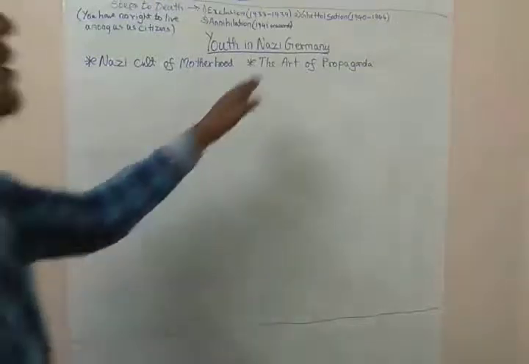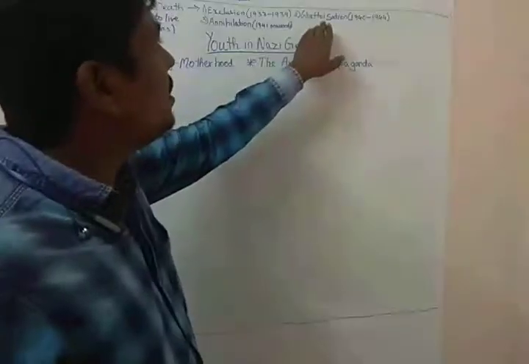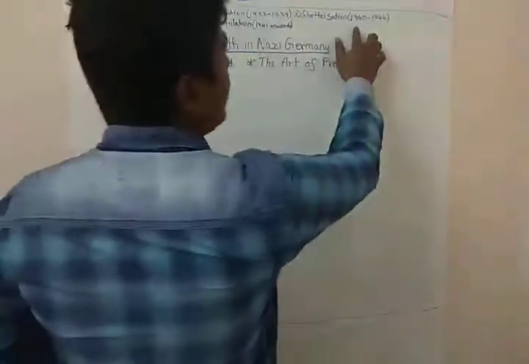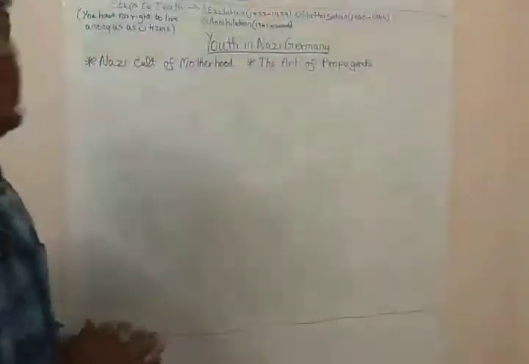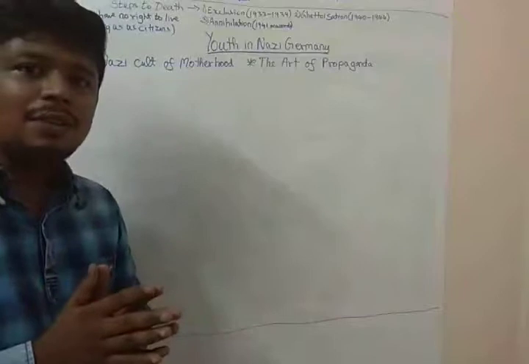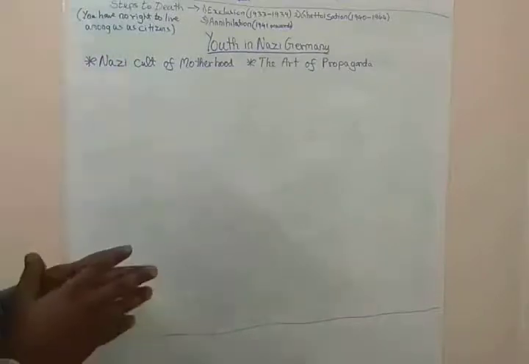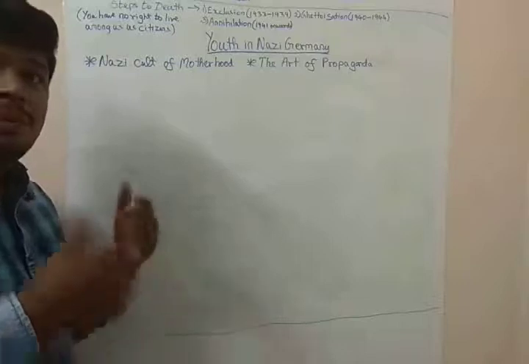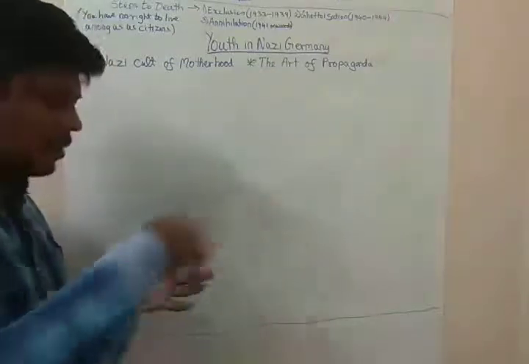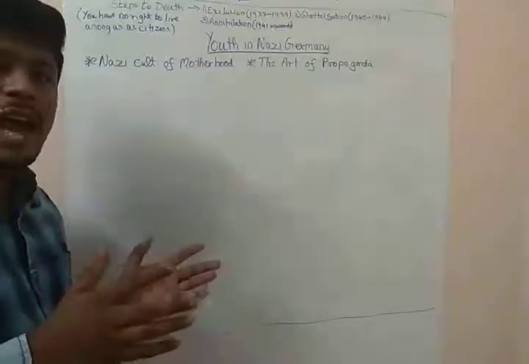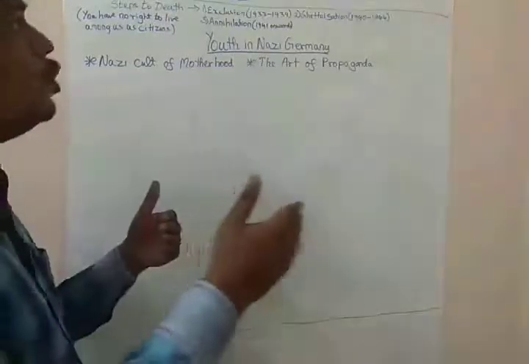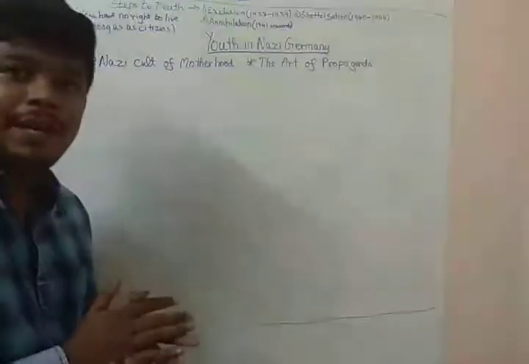And the next thing is ghettoization. Ghettoization is the time of 1940 to 1944. So what does ghettoization mean? Restricting people from that community, restricting those people to live in a particular area.